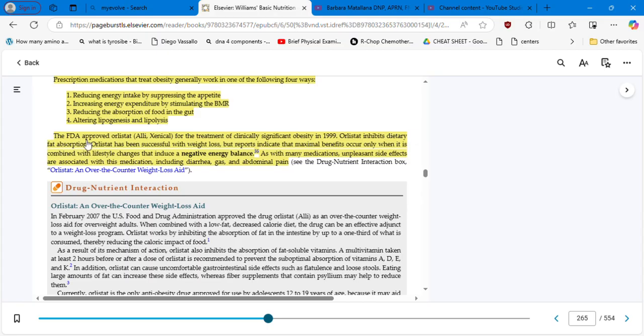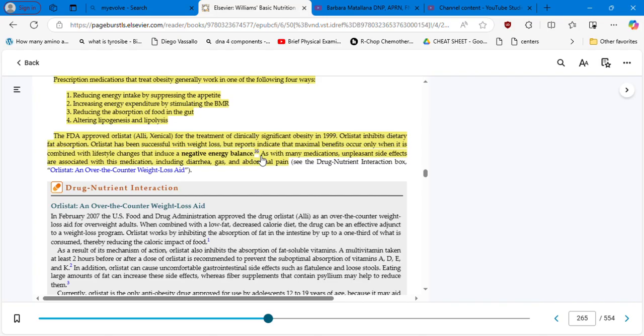The FDA approved Orlistat, or Alli or Xenical, for the treatment of clinically significant obesity in 1999. Orlistat inhibits dietary fat absorption and has been successful with weight loss, but reports indicate that maximal benefit occurs only when it is combined with lifestyle changes that induce a negative energy balance.